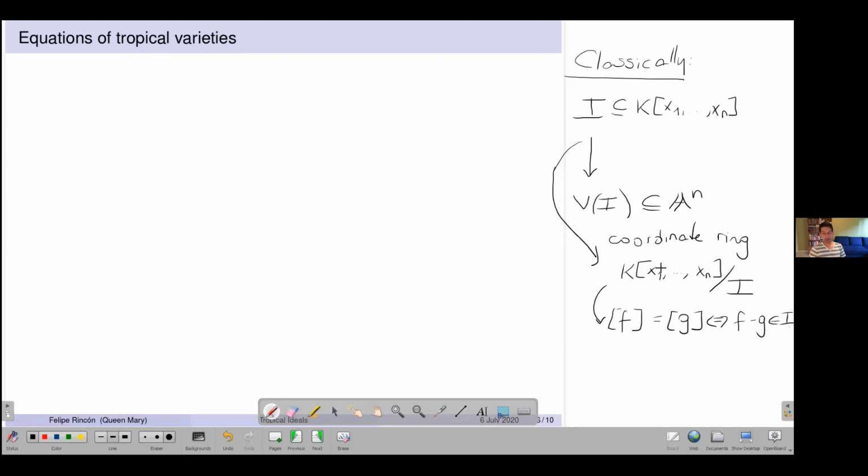You can think of this coordinate ring as the ring of polynomial functions on your variety. That's intuitively what one is trying to do here.